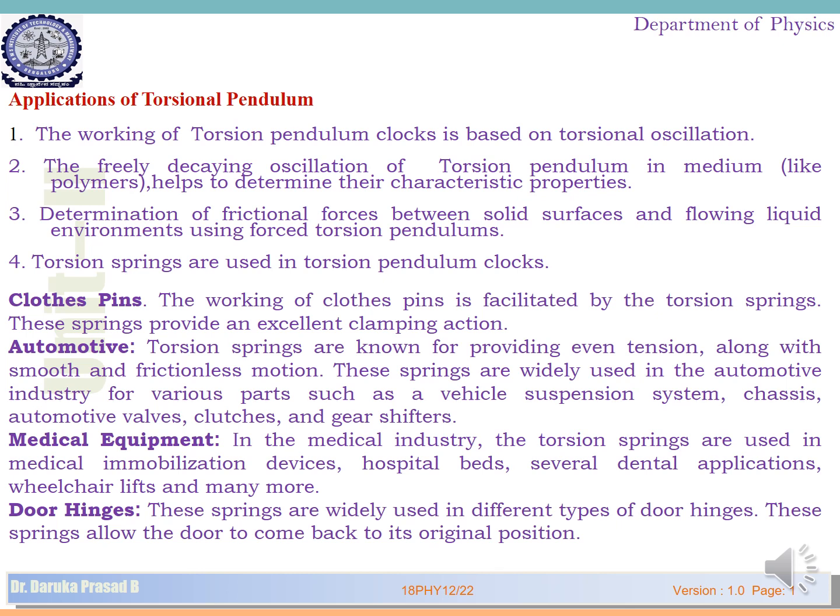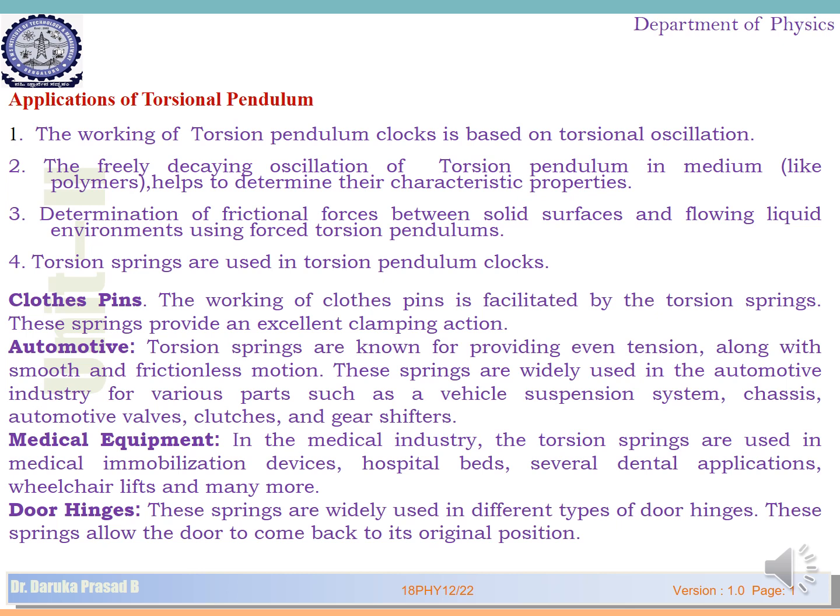Frictional forces between solid surfaces and flowing liquids can be determined with the help of torsional pendulums. Torsional springs are used in torsional pendulum clocks and in many other equipments, like clock pins, which work on the principle of torsional rotation.